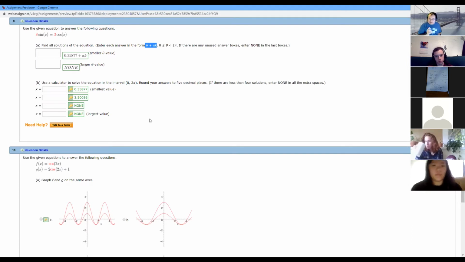Now, you've got to be careful about that because there are going to be questions later on where they'll phrase it the same way, but it won't be pi k. They will phrase the sine questions the same way, but they won't say give it in the form 0 plus 2 pi k. Just think of that as being angle plus period times k, so that you can adapt it to each situation as it arises.